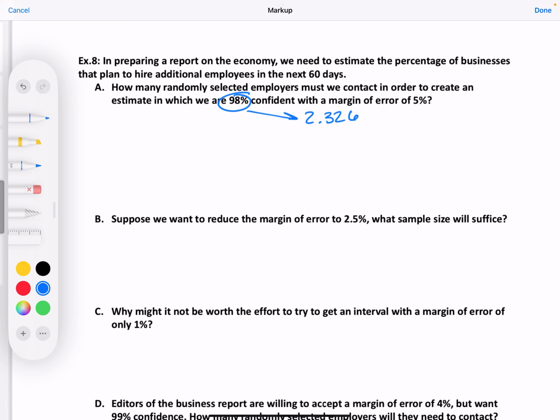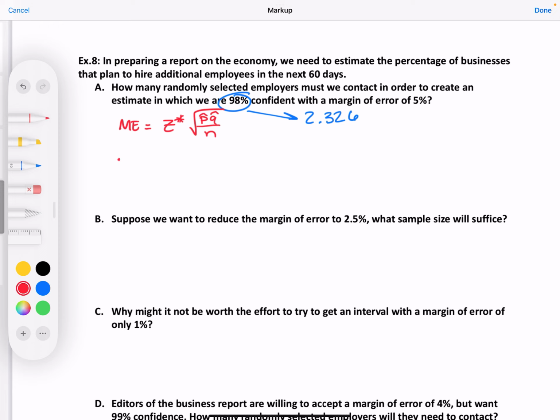So we use the formula for margin of error, which is ME is equal to whatever our confidence level z star is, and then the square root of p hat q hat over n. So I'm solving for n.